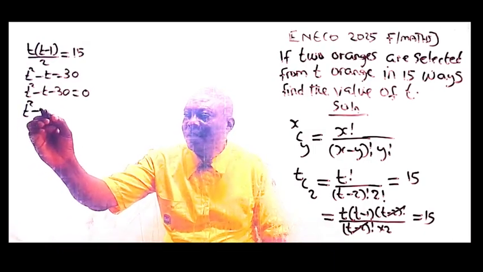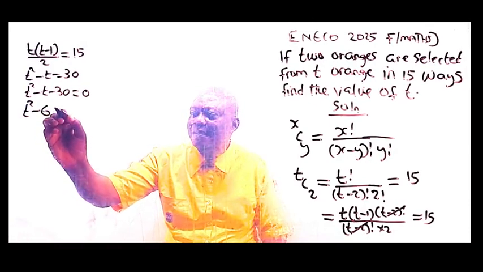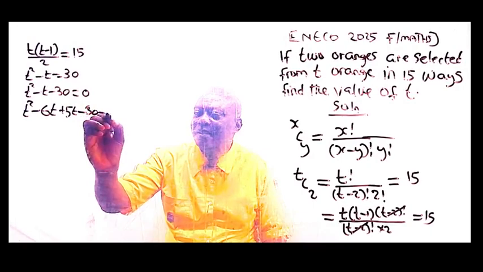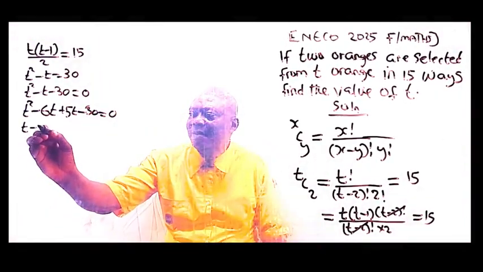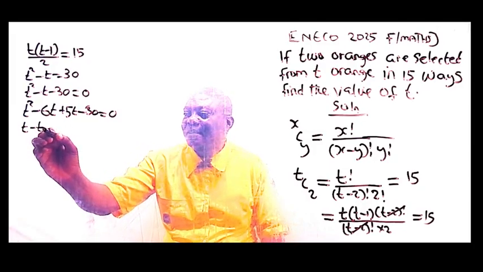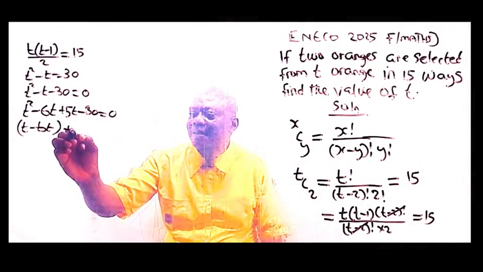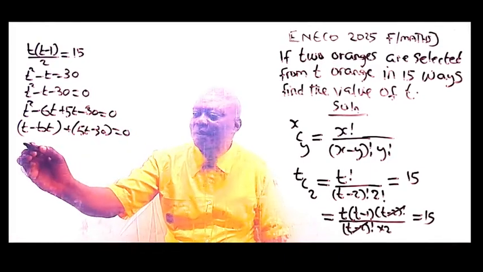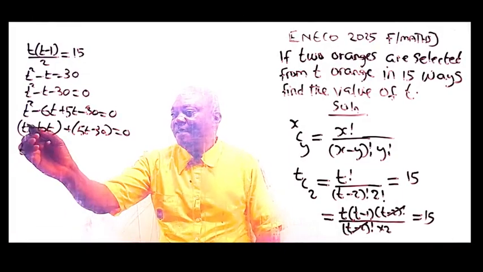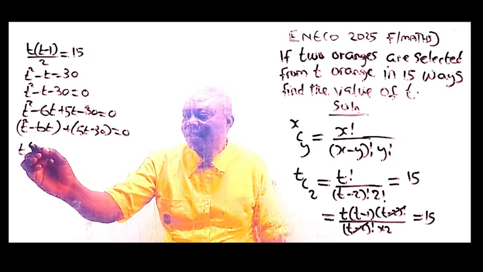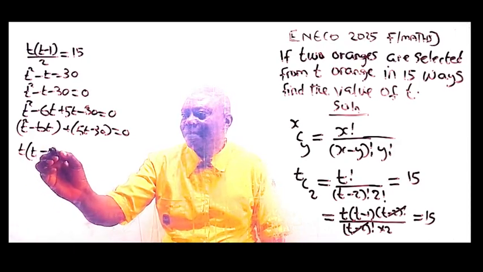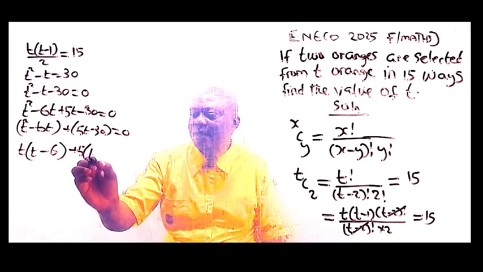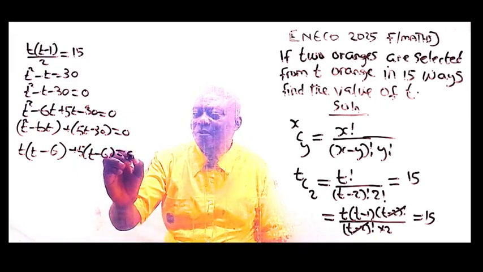So T squared minus 6T plus 5T minus 30 equals 0. So T times (T minus 6), and here plus 5 times (T minus 6) equals 0.